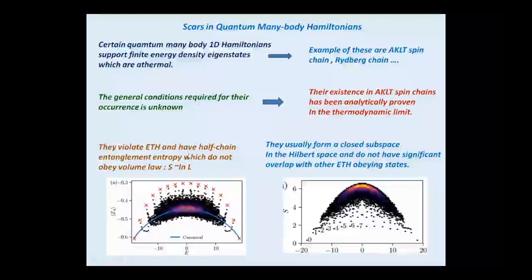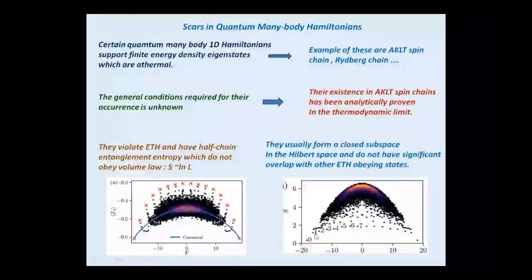This is well known, and in one dimension they have half-chain entanglement entropy scaling like logarithm of L. If you measure this half-chain entanglement entropy for all your eigenstates and plot them as a function of the energy of the eigenstate, you see that most of this black band are the ones with large S, which is these volume law states, thermal states.